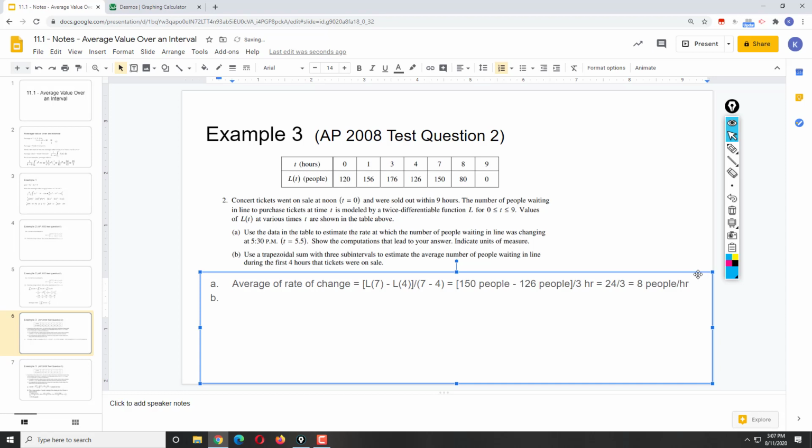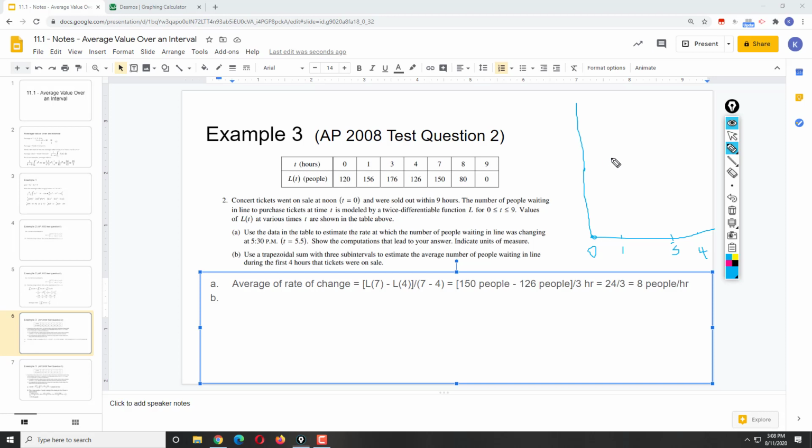B is what we learned in this lesson. B, use a trapezoidal sum with 3 subintervals to estimate the average number of people waiting in line during the first 4 hours that the tickets were on sale. So we're given t equals 0, t equals 1, t equals 3, and t equals 4.